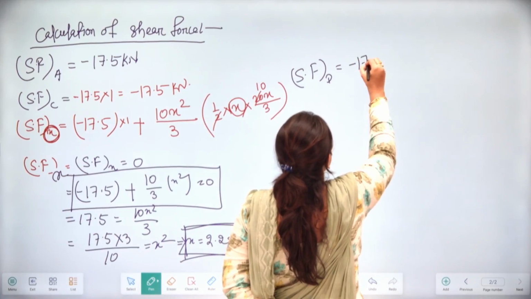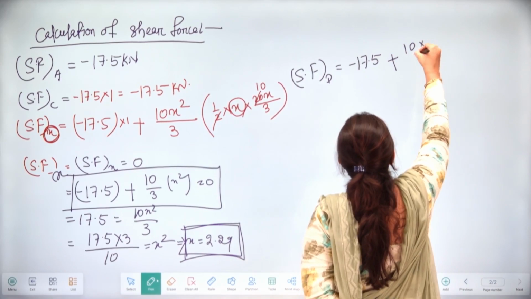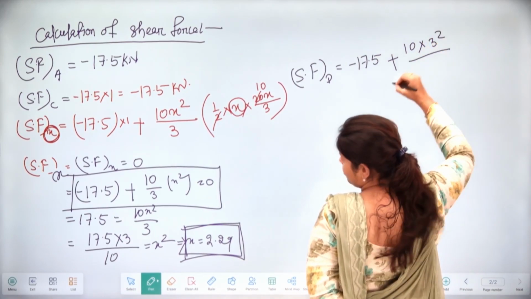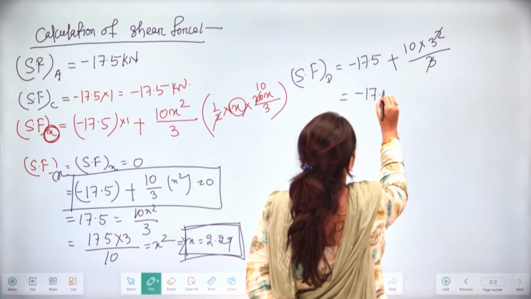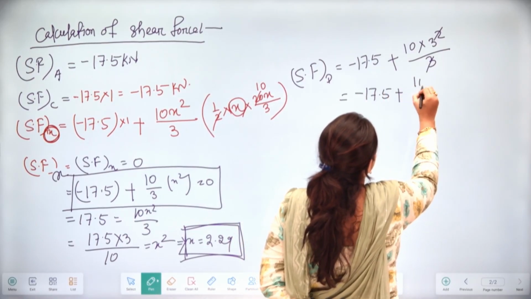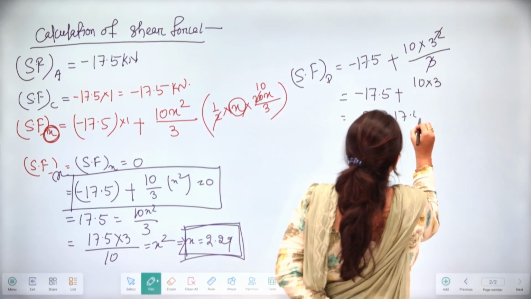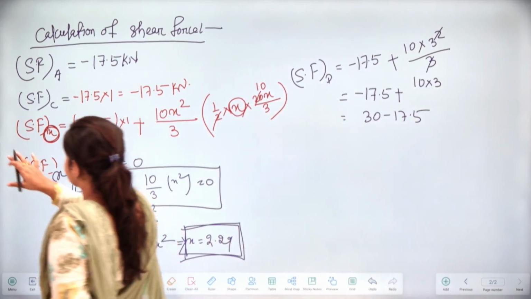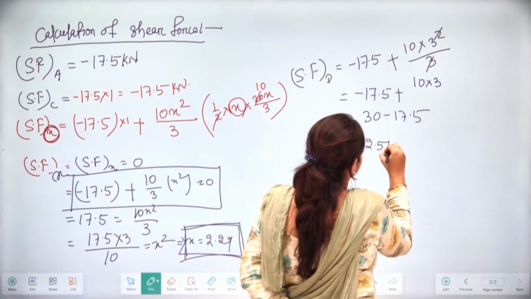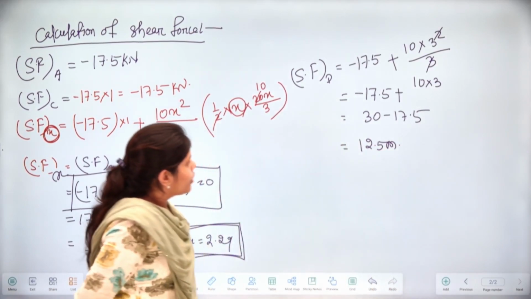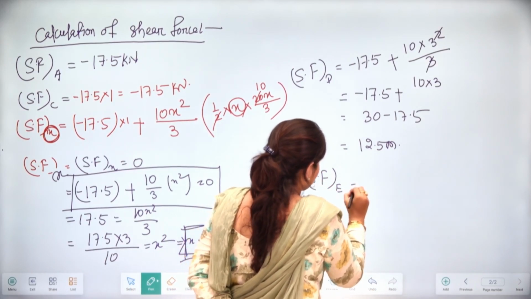It will be minus 17.5 plus 10 into 3 square upon 3. So it will be 30 minus 17.5. It will be 12.5. Now shear force at E.